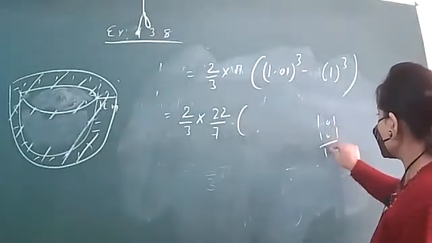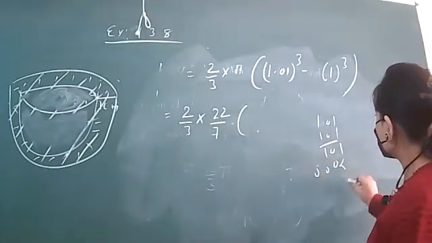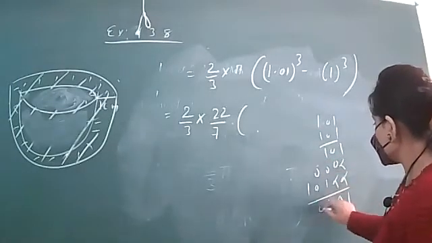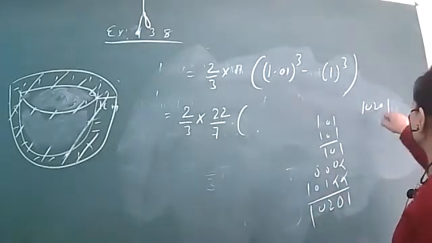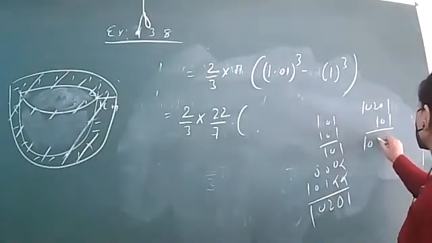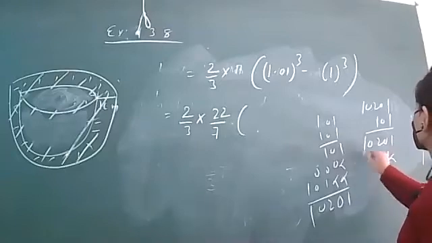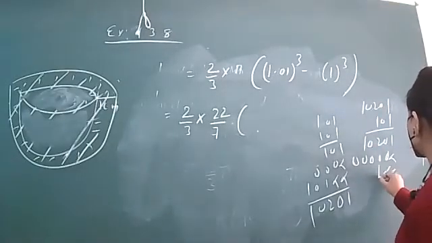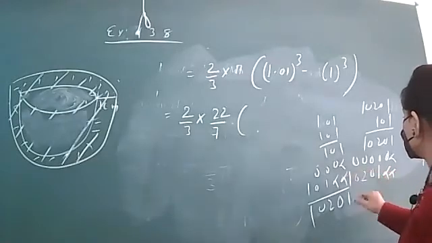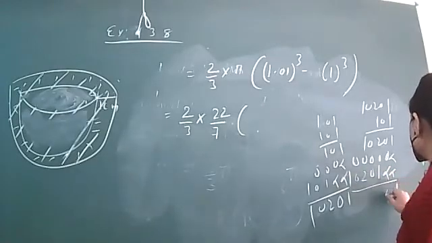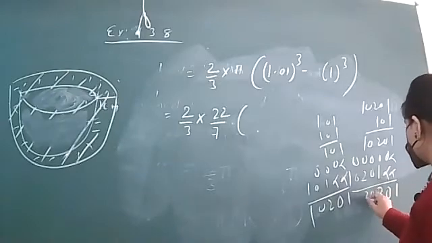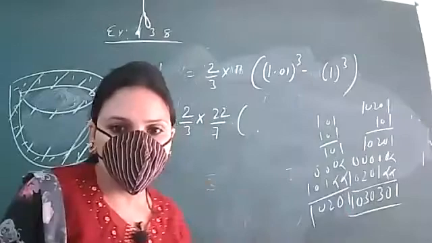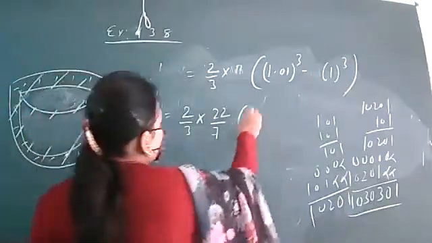101 into 101 is equal to 10201. 10201 into 101, that is 5 digits. So this is 1030301, so 1030301 will be the cube of this.